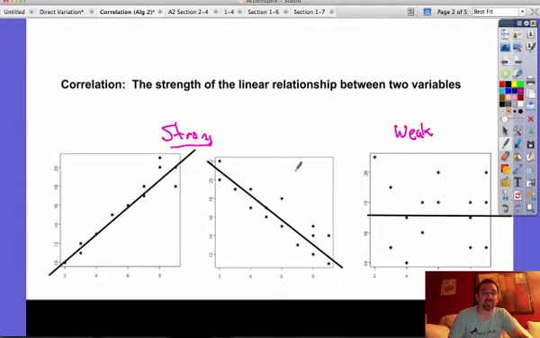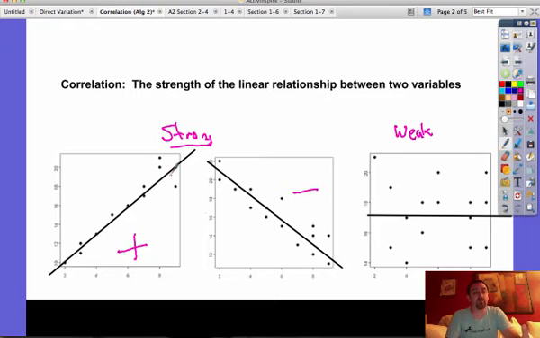Now, there's one other thing we can say about correlation that's important. When we talk about correlation, we don't just talk about the strength, we talk about it as being positive or negative. So when we talk about correlation, we not only recognize the strength, but we also recognize the direction. This is a what kind of slope? Positive slope or a negative slope?